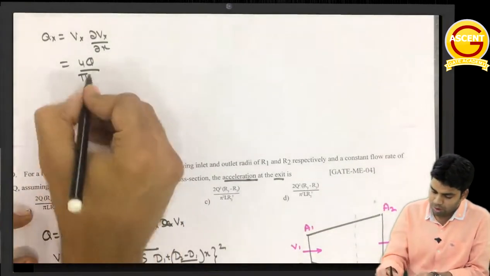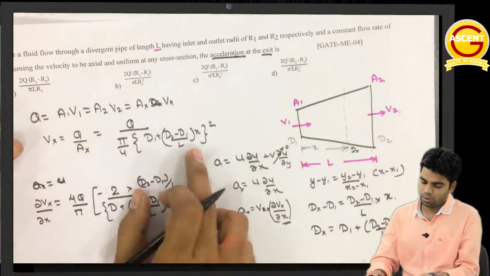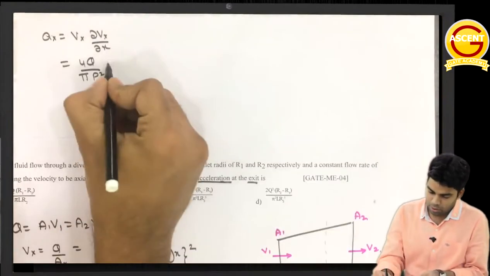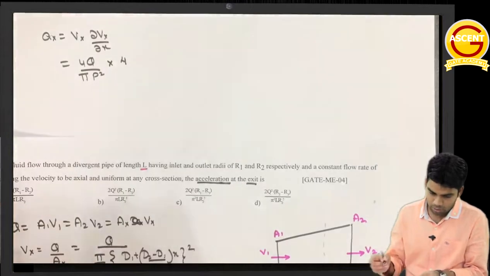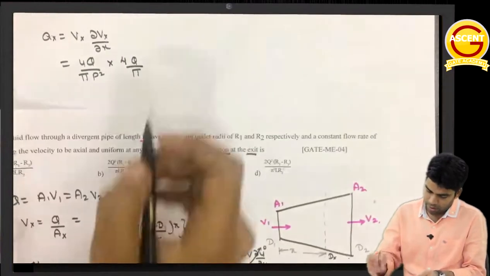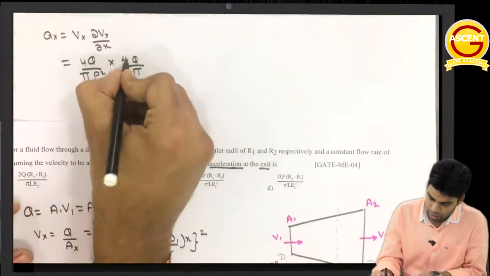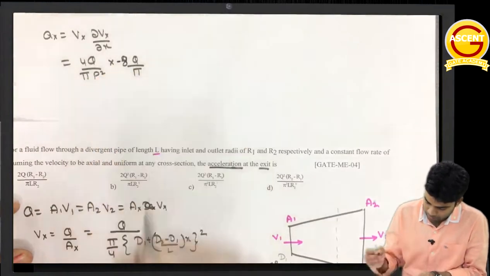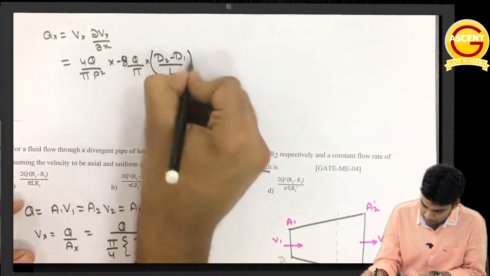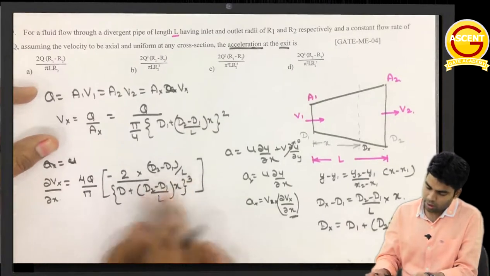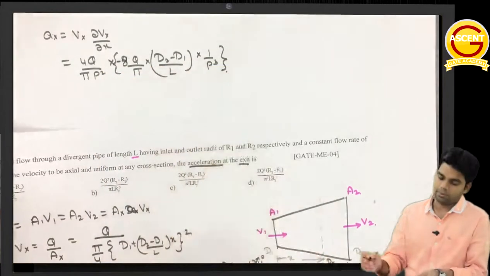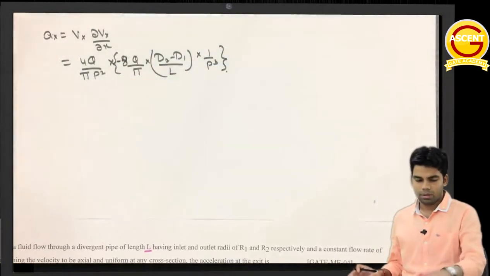It will be very easy for us. So this will be pi into p square, into del Vx by del x, which is 4Q by pi times minus 2 into (d2 minus d1) by L into 1 by p cube, or minus 8Q by pi. Getting this or not? Clear?